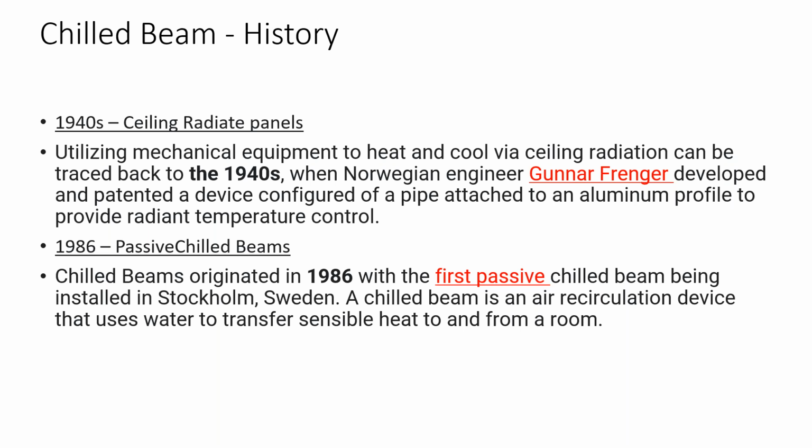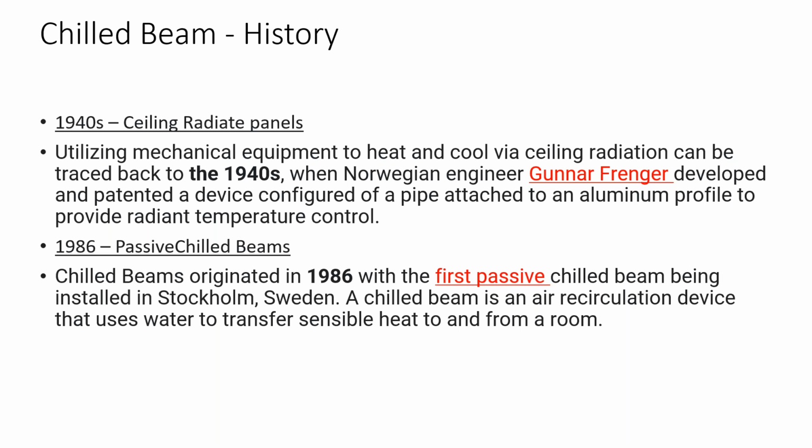And the passive beam, as Chris had shown, is a very simple device. It's just a coil that they mount above the ceiling, and as the warm air rises, it finds this cold surface, which is the coil. The air around that coil changes its buoyancy because of that warm air cooling off.